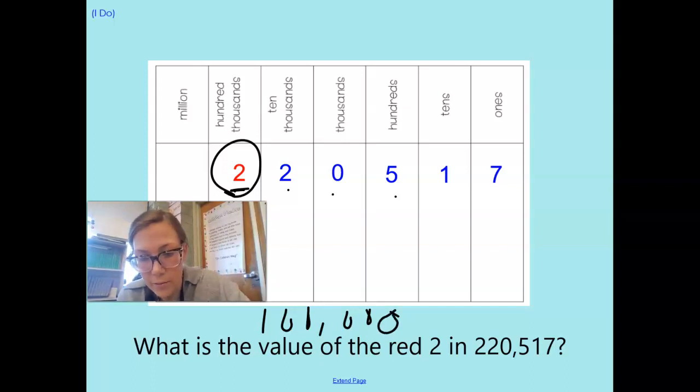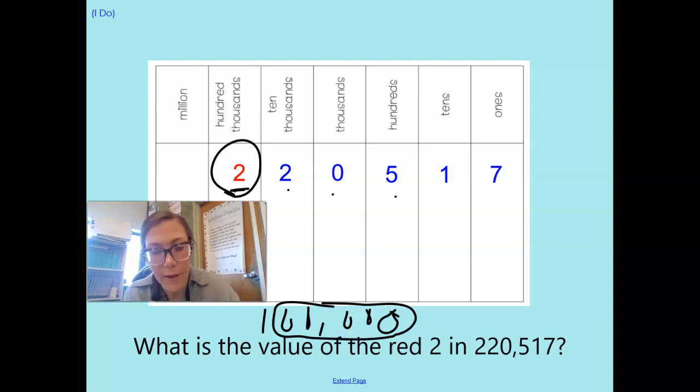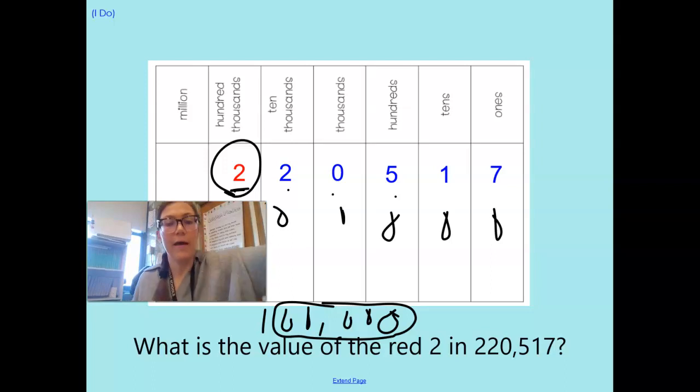So how many zeros are in this number? There is a total of 5 zeros. So I can put my 2, and then I put my 5 zeros behind it. So the value of 2 in 220,517 is 200,000.